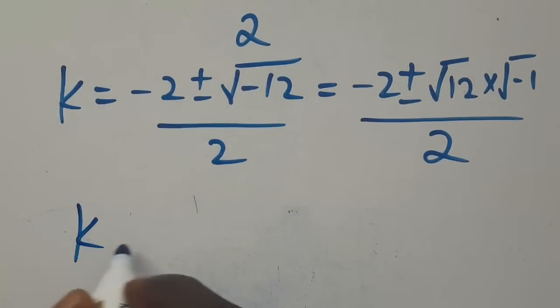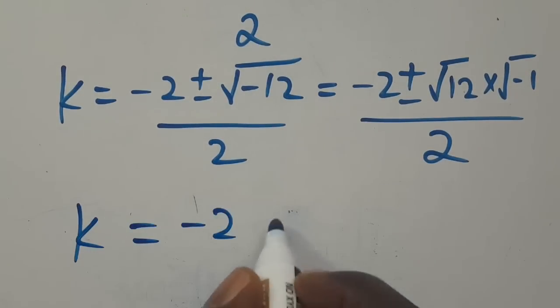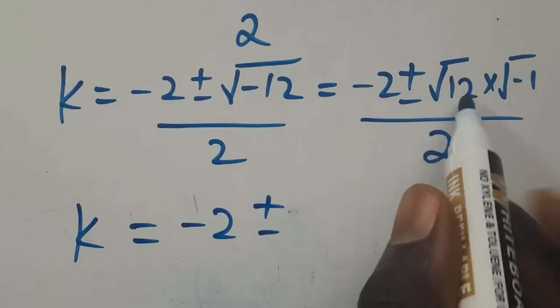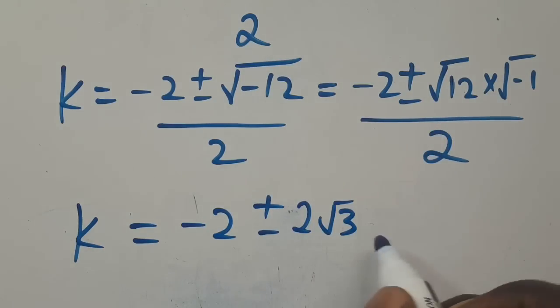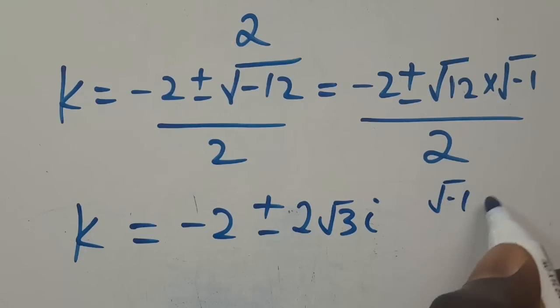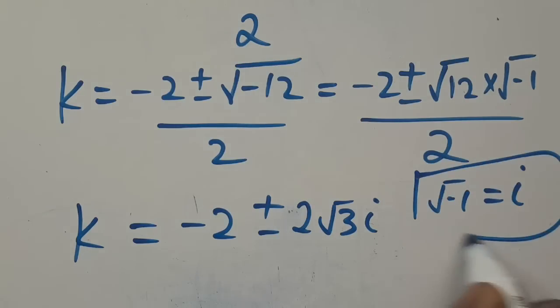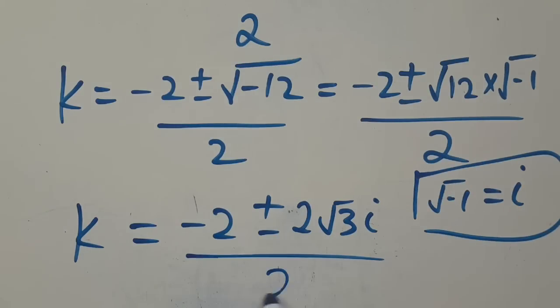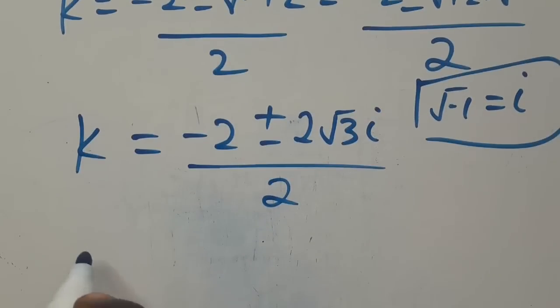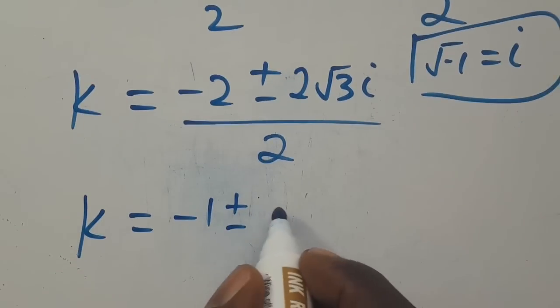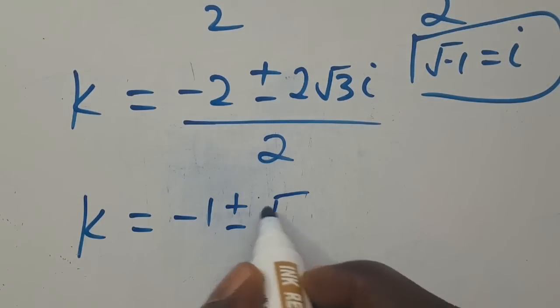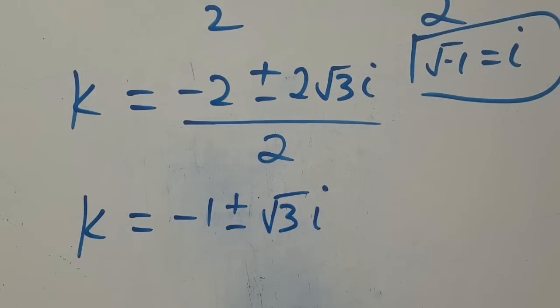So from here we have k equals minus 2, positive or negative, root of 12 will be 2 root 3, root of minus 1 equals i, a complex number, divided by 2. So we have k equals, this divided by this, we have minus 1, positive or negative. This divided by this, we only have root 3i.